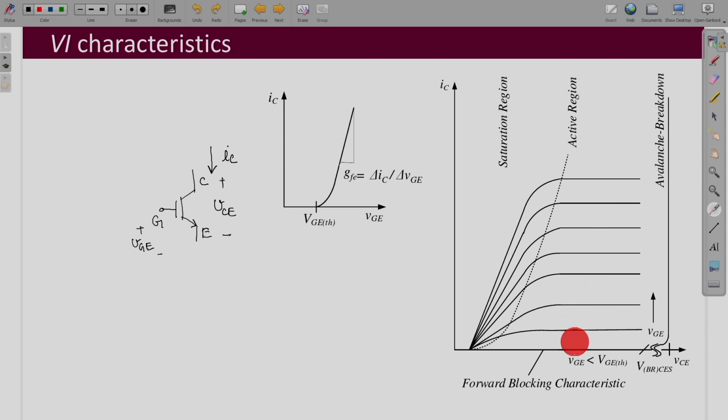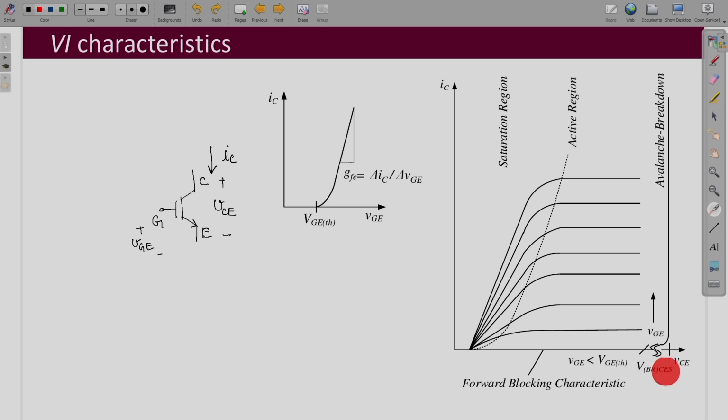Okay. So, this region in which it is happening like this, where you can see both the collector to emitter voltage and your collector current are both high together simultaneously, that is called the active region. This region is your active region, and below the threshold voltage, when the gate emitter voltage is below the threshold voltage, then the IGBT is not carrying any current, it is not conducting, and it can block a great amount of voltage.